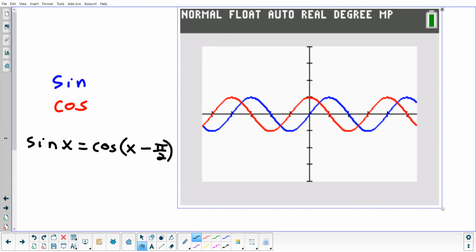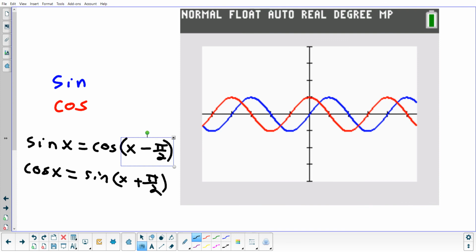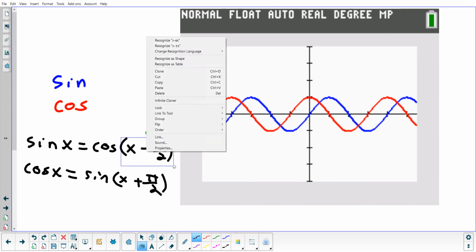So that's a conversion between sine and cosine. We can do it the other way too. If you took the sine function, which is the one in blue, and you shifted it left pi over 2, you could get the cosine. So what this does is it kind of gives us a bridge between sine and cosine. We have all the cosine identities we need right now. Cosine of a sum, cosine of a difference. Well, look at what's happening here. This is cosine, it's a difference.